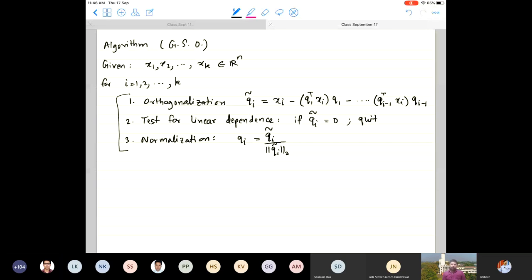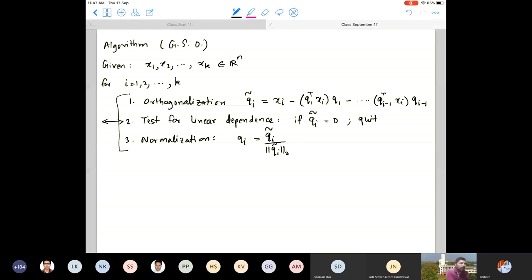The step that we just looked at was the step when we were given only two vectors, so k was equal to 2. So for k equal to 2, this is what we had done. Okay, so I think this is the algorithm that you have to understand. And now you see the linear independence is also taken care of in this particular second step.